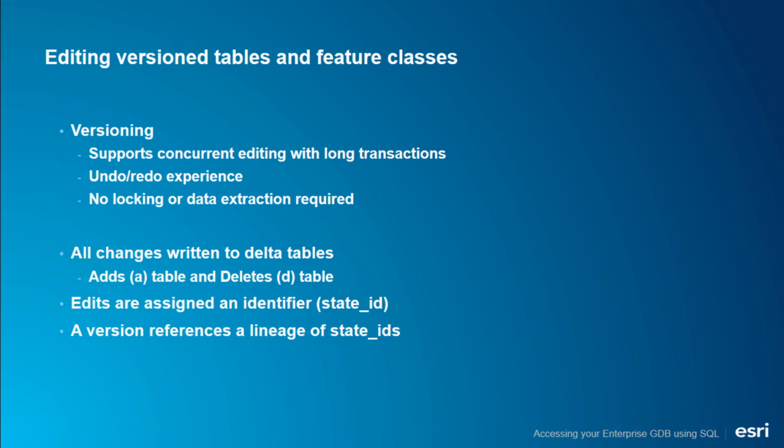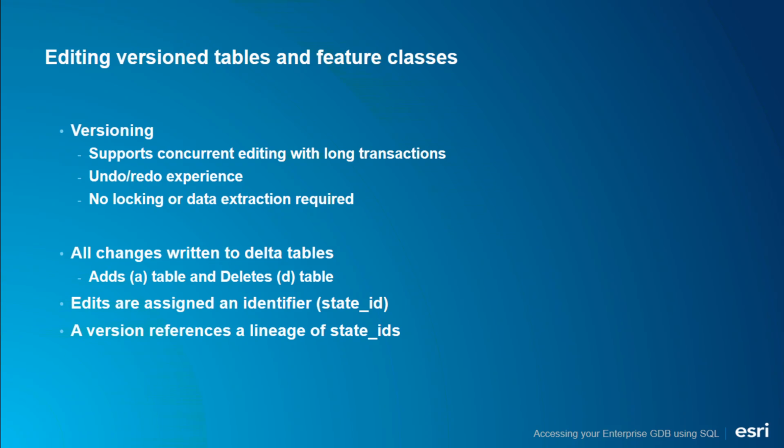When you register these feature classes, there are some ancillary tables that get made in the database, the adds and deletes tables. And when you do any edits or inserts in these feature classes, these edits go in the adds and deletes tables, not in the base table. That's why we ask you to do your edits using these version views.